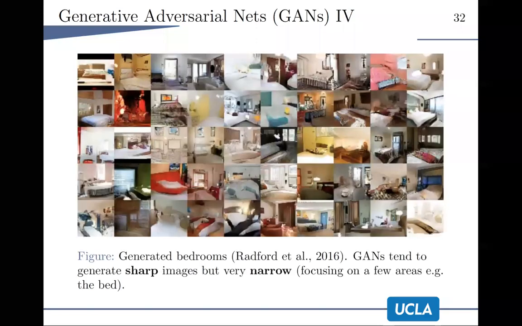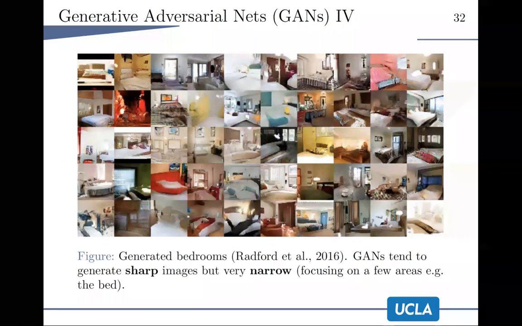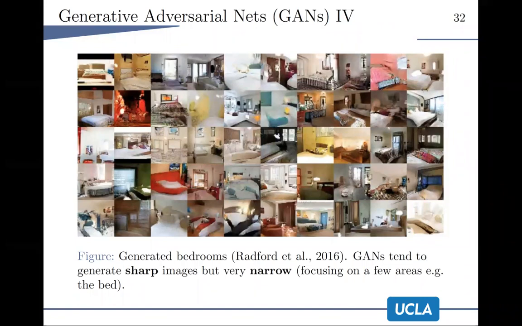And here are some examples from generative adversarial nets. This is some work done by Radford et al. in 2016, and they are generated bedroom examples. From those examples, Professor Xing specifically pointed out that GAN tends to generate sharp images, but they are narrow.